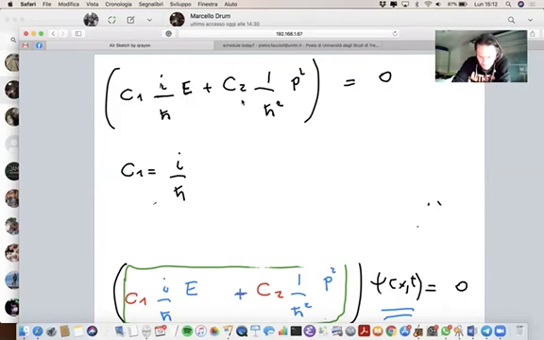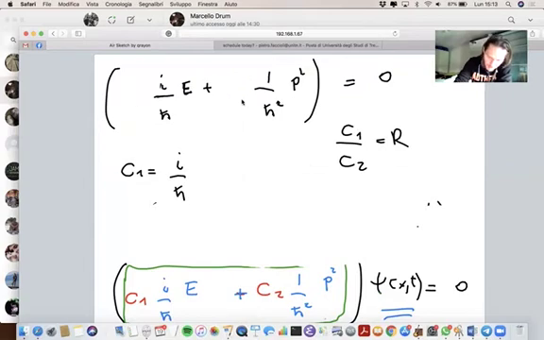See, there are two constants, C1 and C2, and I don't really need two constants, right? After all, it's just one equation that I want to satisfy. So I can call the first constant, C1 divided by C2, let me call it R, and this equation will become R, and then we get a 1 here.